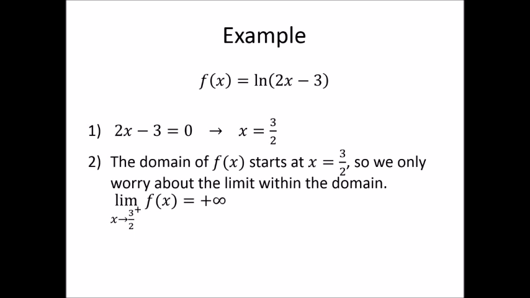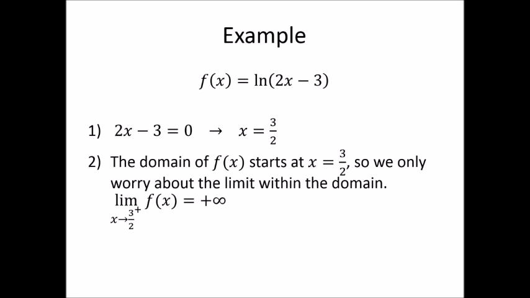If you look at this particular function and ask what is happening as this gets closer and closer to 0, well, the logarithm of something really close to 0 is approaching positive infinity.